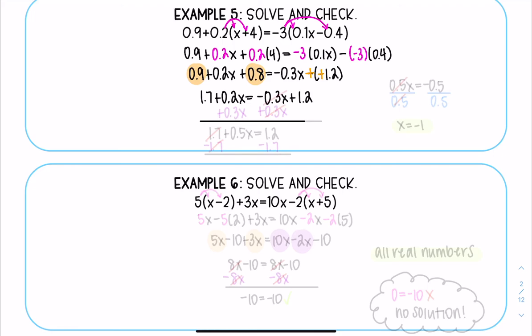So let's go ahead and get our x's on one side. We're going to add 0.3x to both sides. And so it cancels on the right hand side, and we get 1.7 plus 0.5x equals 1.2. And then we need to get the constants on one side. We go minus 1.7 on both sides.